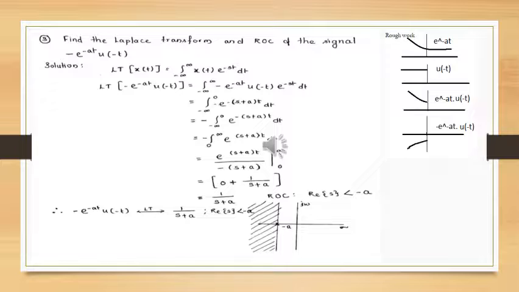Now, in order to get the ROC, we need to equate the denominator to 0. So we have a pole at s is equal to minus a.